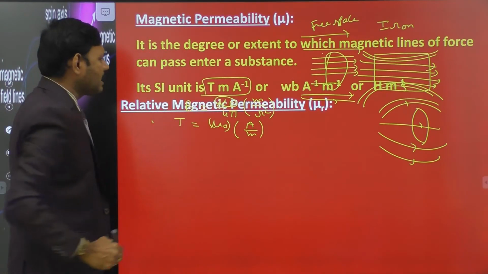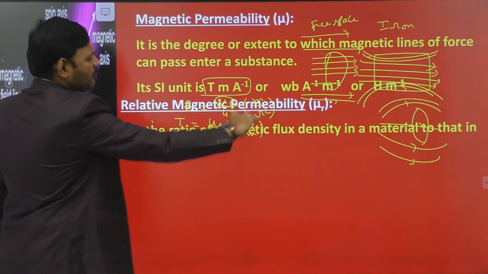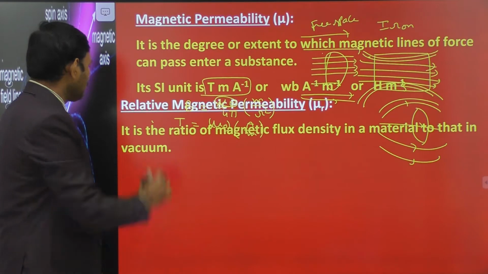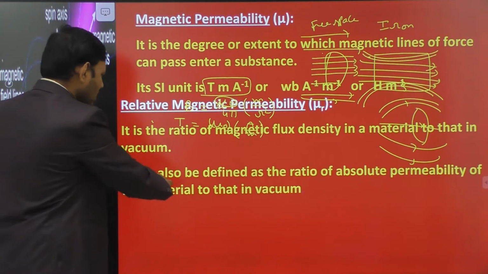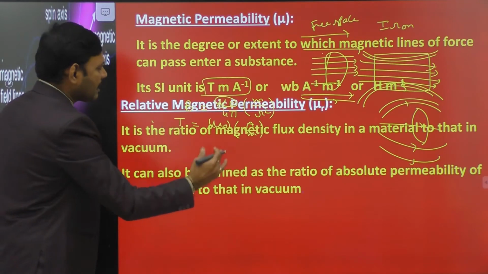Therefore, relative magnetic permeability is the ratio of magnetic flux density in a material to that in vacuum, or in other words, it is also defined as the ratio of the absolute permeability of the material to that in vacuum.